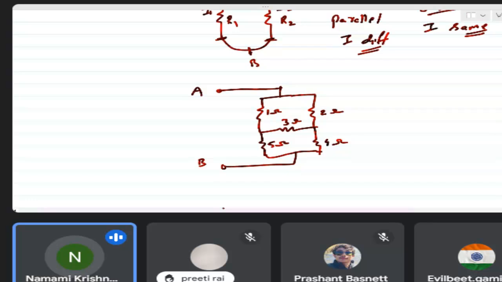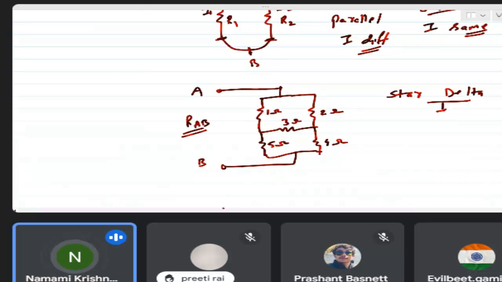What will be the equivalent resistance RAB? Can you use series parallel combination here? No. Then how can you find it? This question cannot be solved without knowing the concept of star delta connection. This is very important.